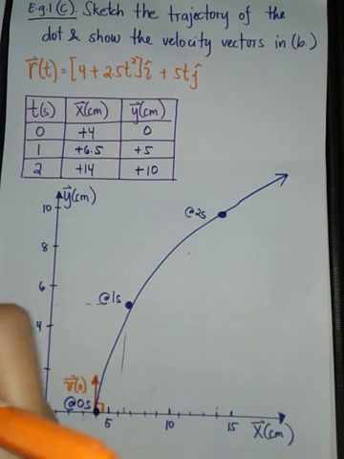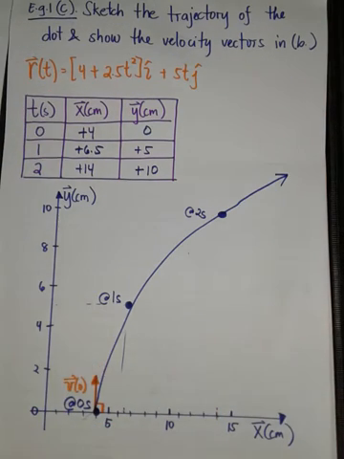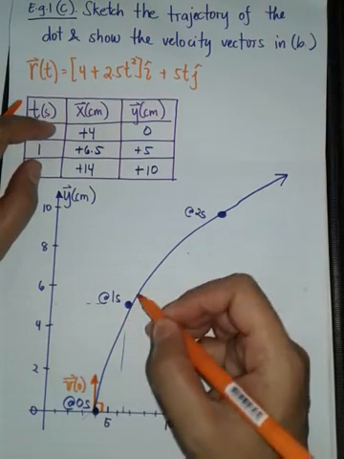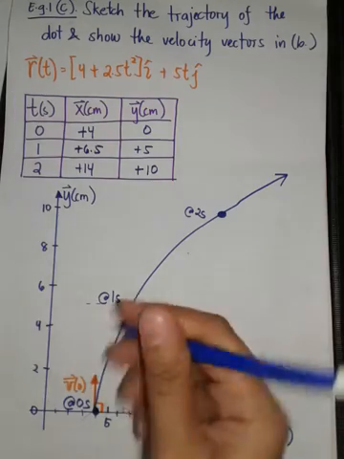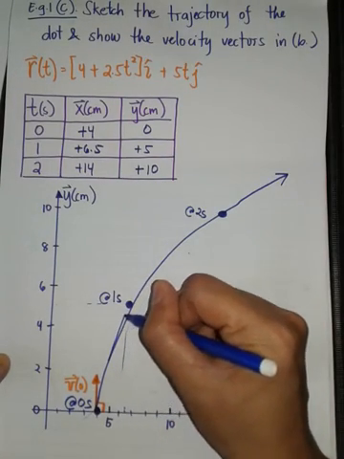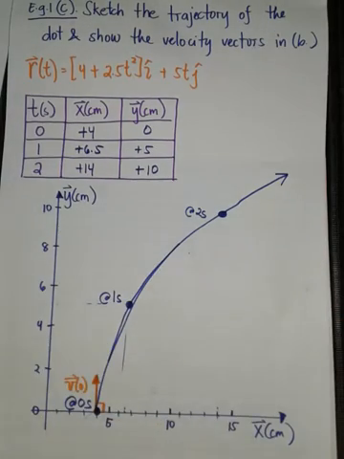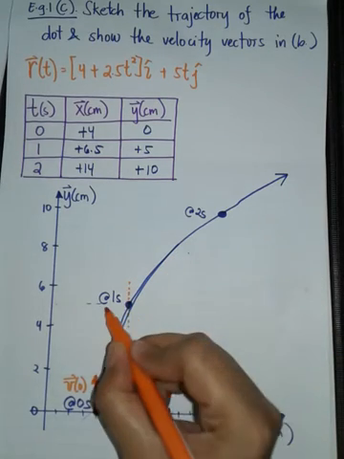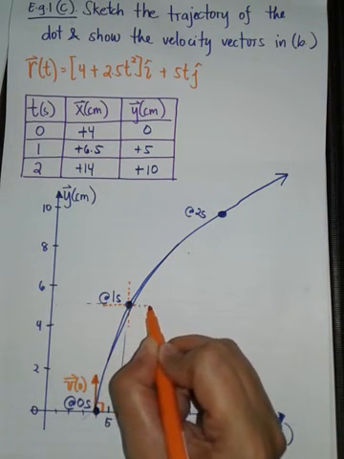Let's go to the velocity when time is 1. If you look in your notes, the instantaneous velocity vector when time is 1 is 7.1 centimeters per second at 45 degrees. How do I sketch that? I go to my path and make a small guide Cartesian plane, with y and x.